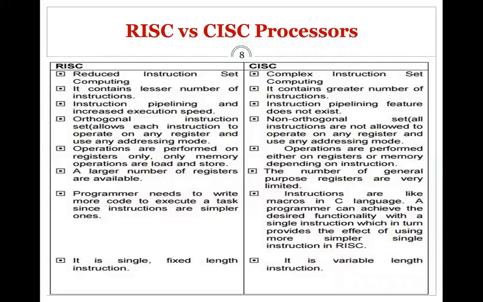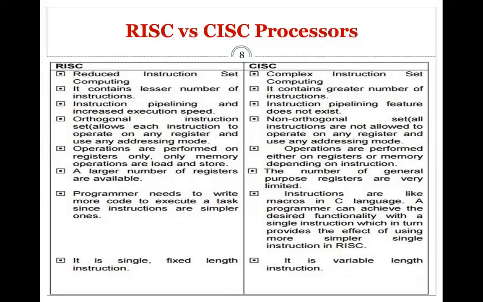This is because most of the instructions are represented like macros. So each instruction takes several cycles to execute, and pipelining is a little bit difficult in a CISC system. RISC also has an orthogonal instruction set, that is, each instruction can operate on any register and use any addressing mode.